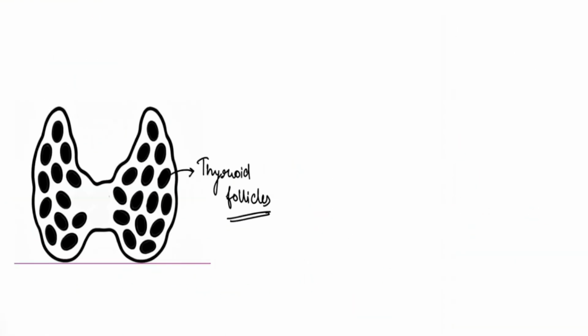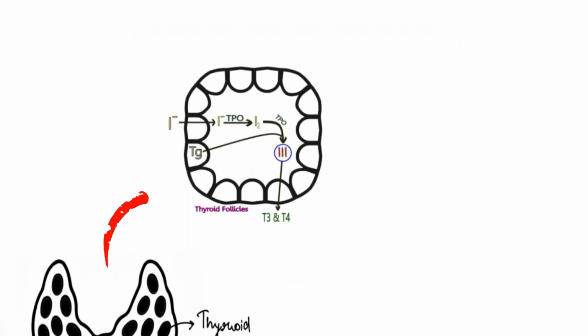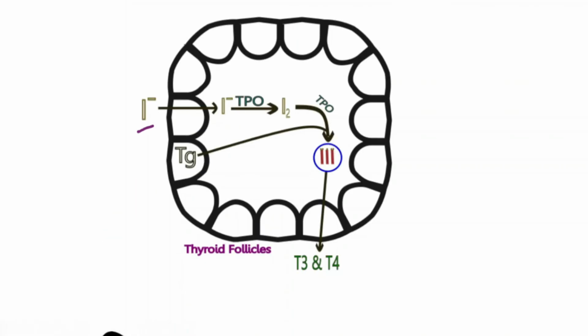Now let's zoom into one specific trigger, that is excess of iodine, and understand how it causes thyroiditis. The thyroid gland needs iodine to make thyroid hormones. But when we take too much iodine, either from supplementation or diet or certain medications that contain iodine, in some people, for example, people with a family history of autoimmune thyroiditis, the thyroid gland absorbs this extra iodine.